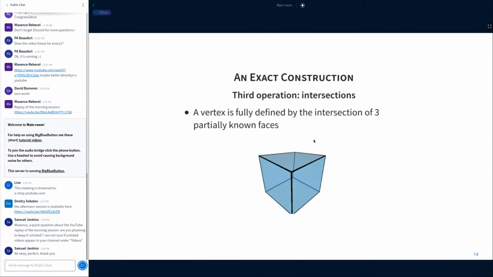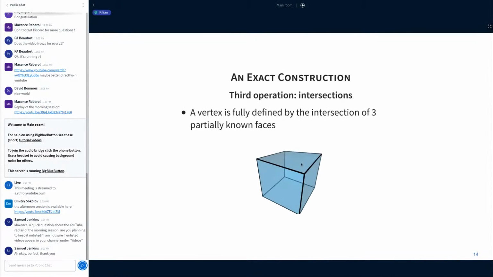And then finally, if you know three vertices of three different faces of a hexahedron, you can use those to define three planes and find the forced intersection, the forced location of one of the corners of the hexahedron.